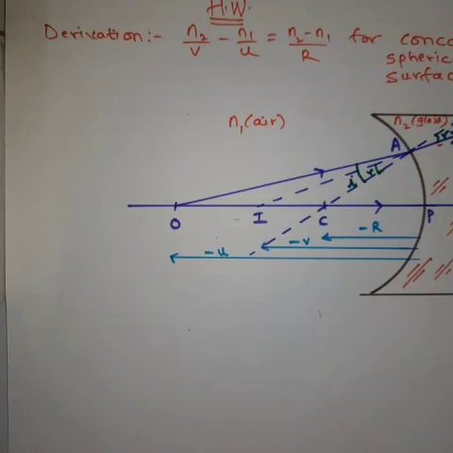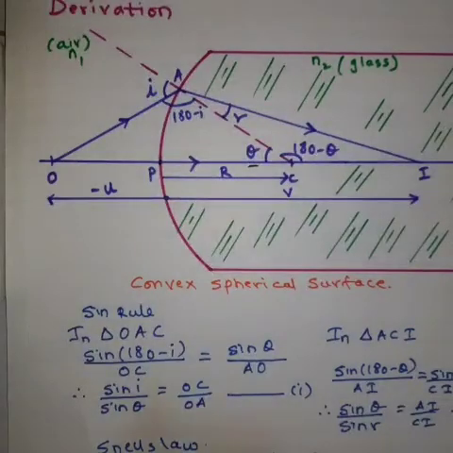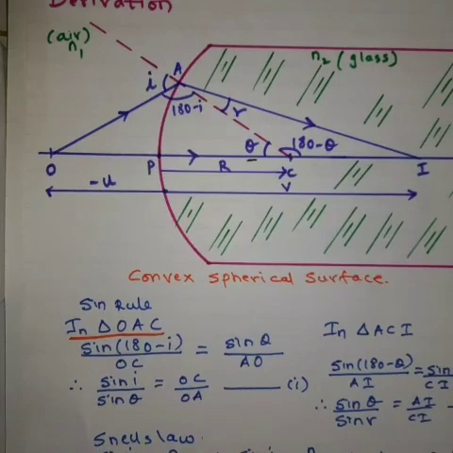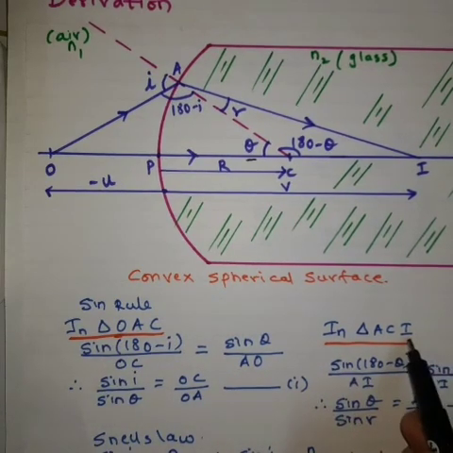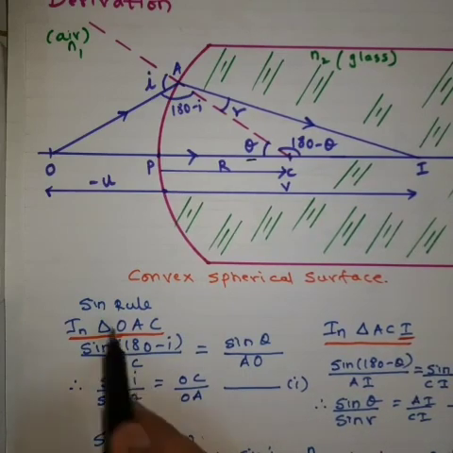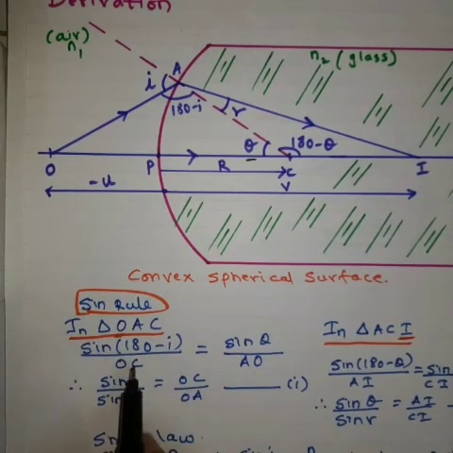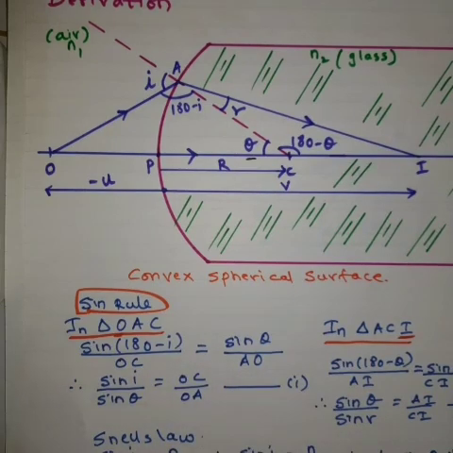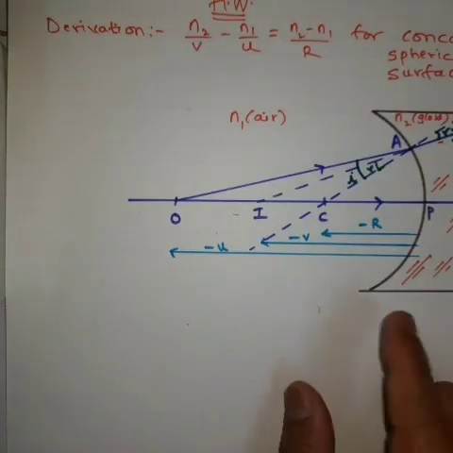Earlier concept means we need one triangle which has object O, one triangle which has image I, and apply the sine rule in both the triangles. It's up to you to decide this theta in this particular figure.